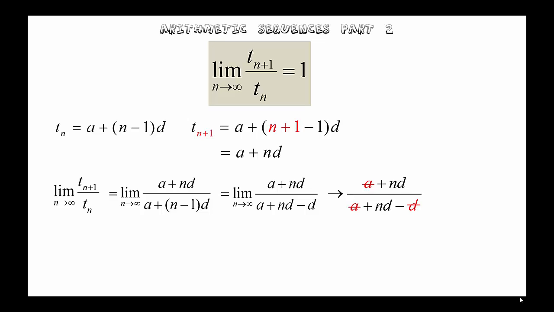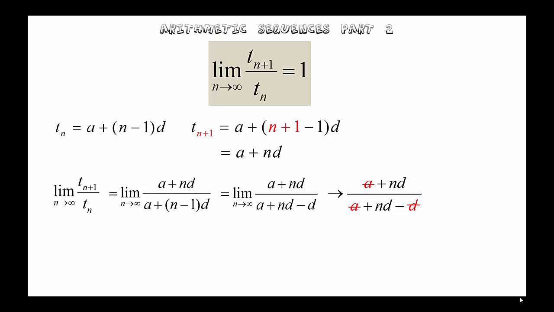Notice that in the numerator, for large values of n, and we mean perhaps thousands or even millions, the value of a, which is the first term, is a constant, and we can ignore that because its effect when n is very large will be insignificant. Similarly, in the denominator, we can ignore the values of a and d because they also will have negligible effect overall.